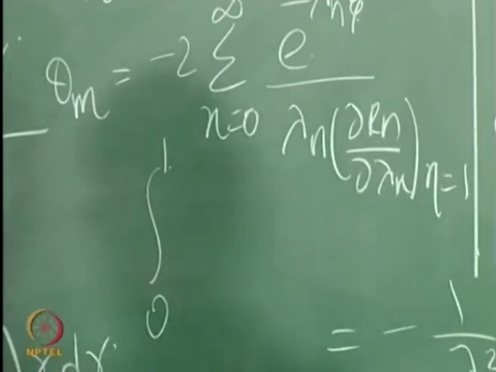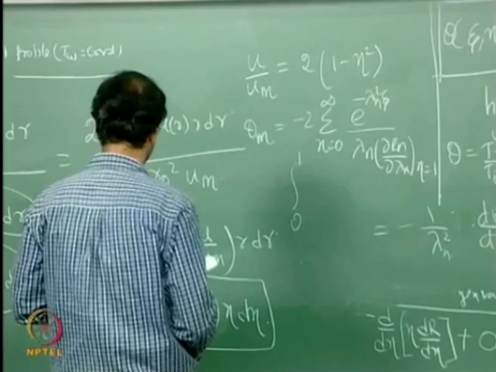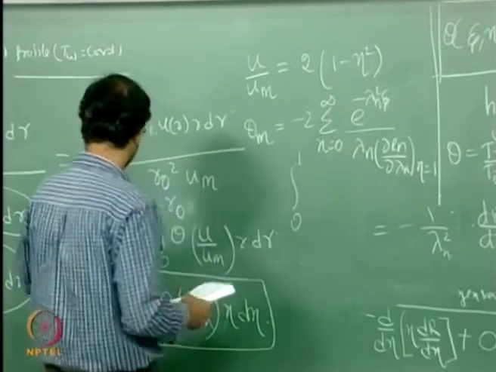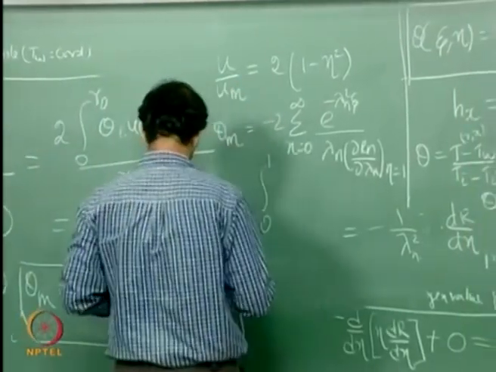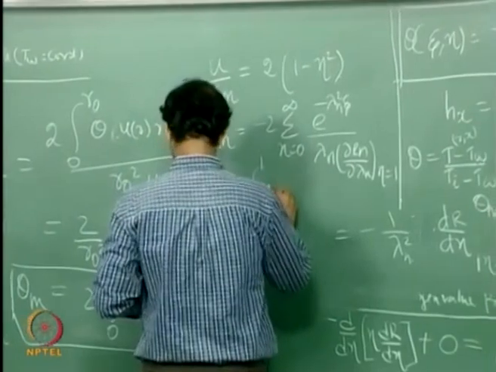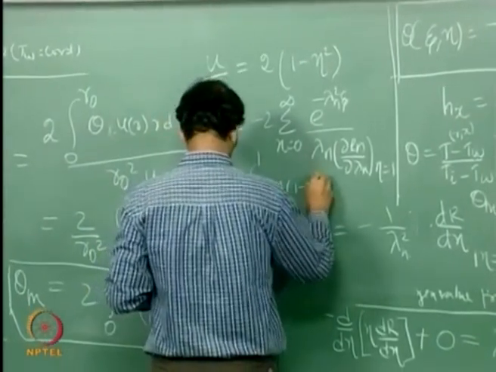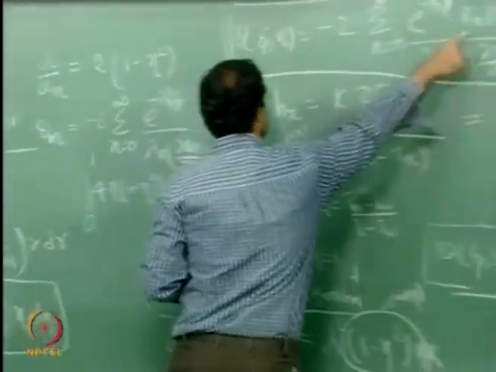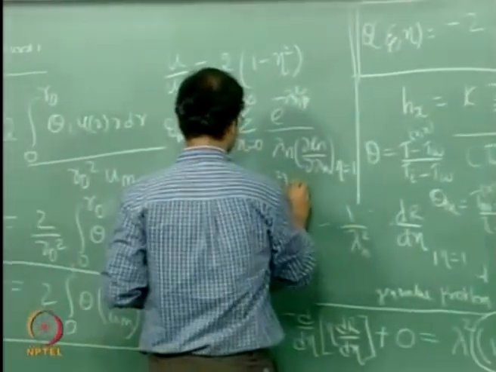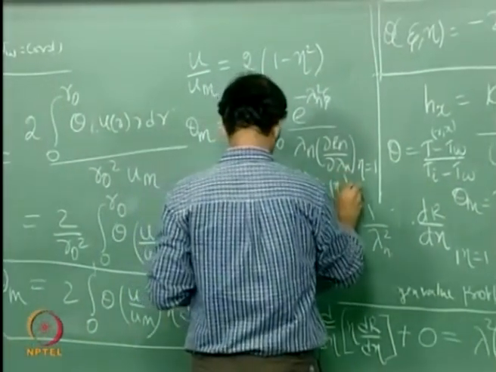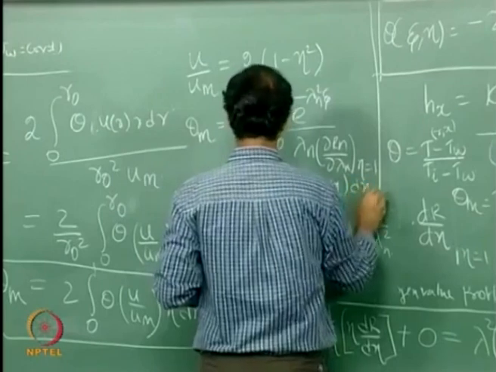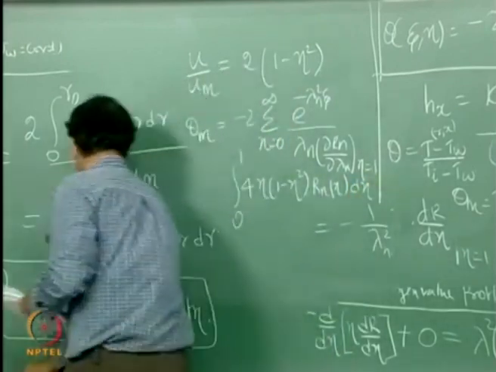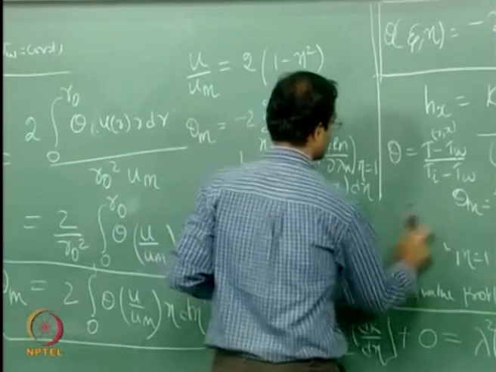Then I have 2 into 2, 4, into eta into 1 minus eta square into rn, which is also a function of eta, rn of eta into d eta.